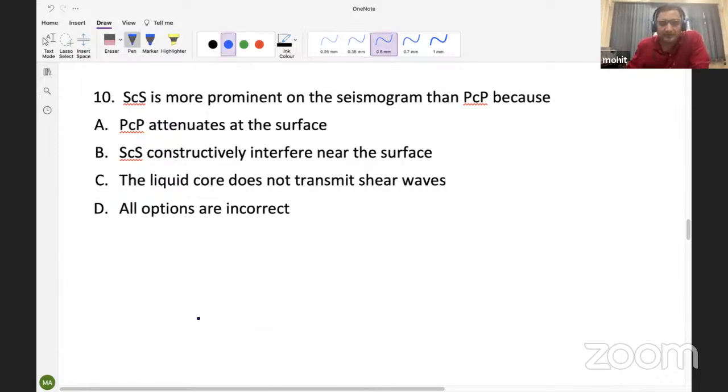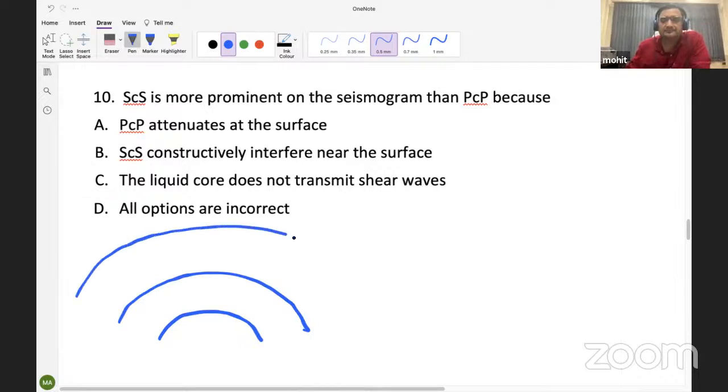Okay, so let's suppose this is your inner core, this is your outer core, and this is your mantle. Okay, and maybe there is crust also, but that is very thin in comparison to the other layers of the earth. So let's suppose there is an earthquake in the mantle. So from these earthquakes, the shear waves are propagating, or you can say emanating.